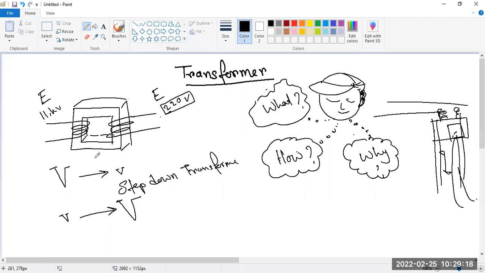That is in your upper semester study. Just going on these basics, you can see this V is very small and this V is very high. So this is the high voltage, and this is the low voltage. So then it is called step up transformer. Okay, step up transformer.